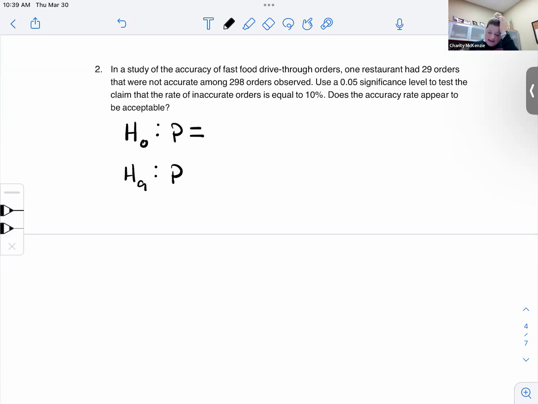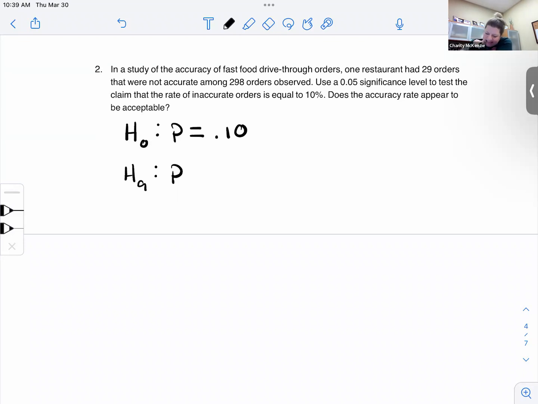So what number are we actually testing? It says use a significance level to test the claim that the rate of inaccurate orders is equal to 0.10. So we're using 10%. That's the claim.